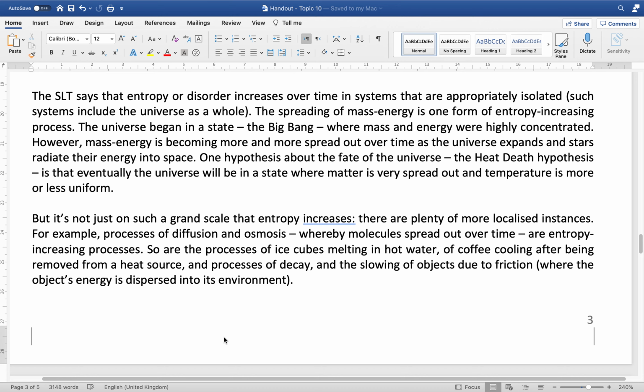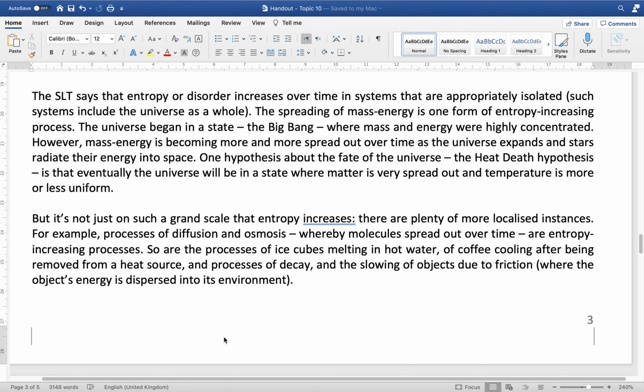The state of the universe was very dense, very hot, and the idea is that slowly over time, well, actually quite rapidly over time, the universe has been expanding and cooling, and so the hot and dense state is considered an ordered state, one of low entropy, whereas the spread out and cool state is considered a state of high entropy, or higher entropy, higher disorder. And so this would be an instance of the second law of thermodynamics.